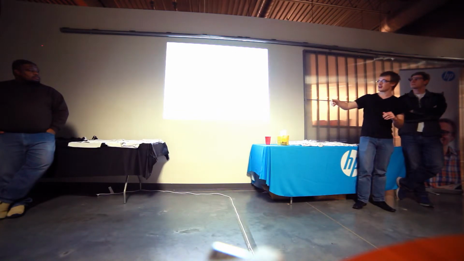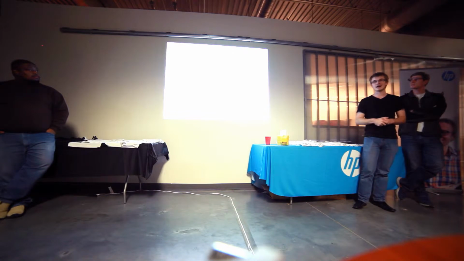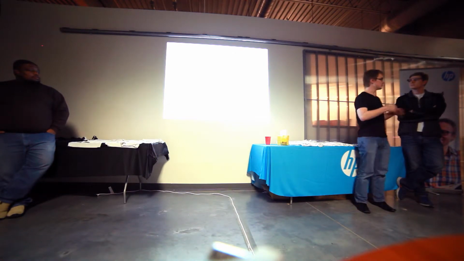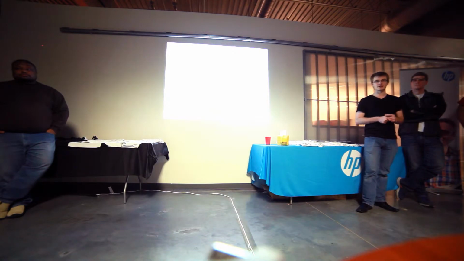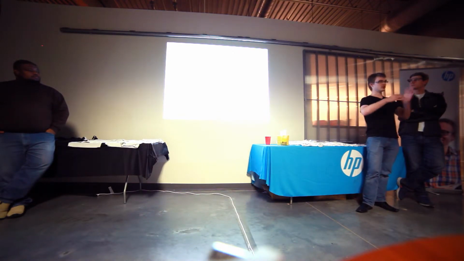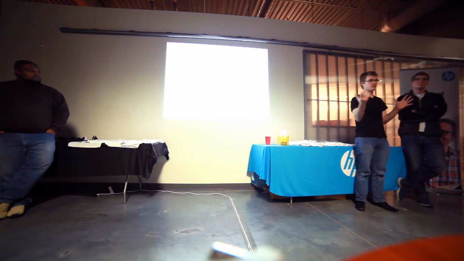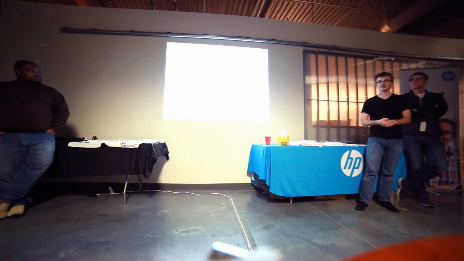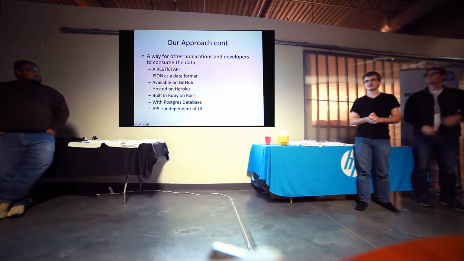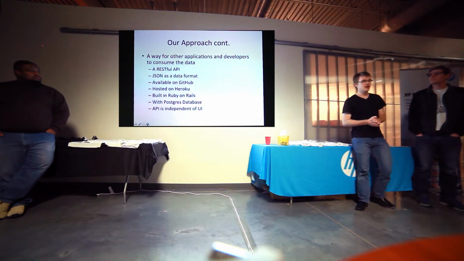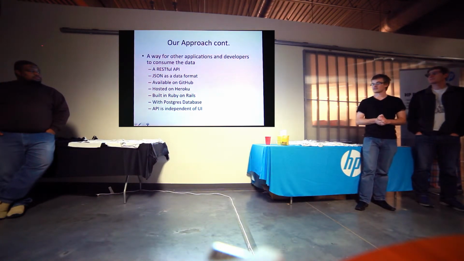On the UI side, it's human readable. If you are not a programmer, you get a list of the boards and a list of the information inside each board. All of our stack is Ruby on Rails and Postgres, and all of our information is available on GitHub.